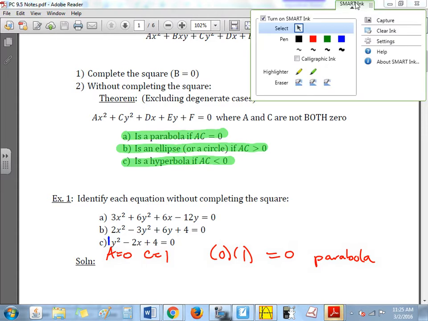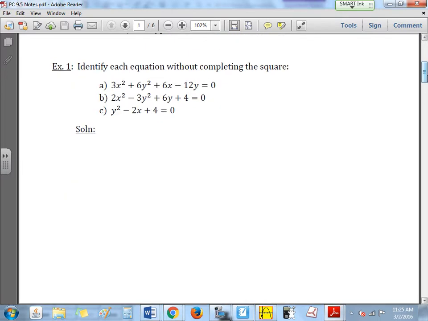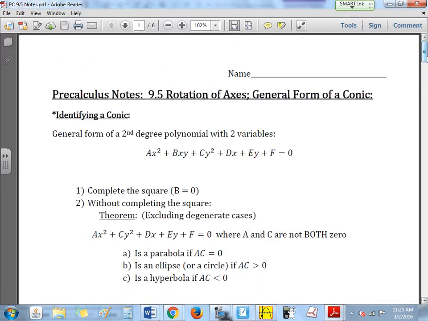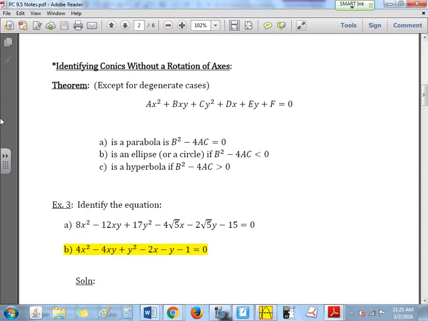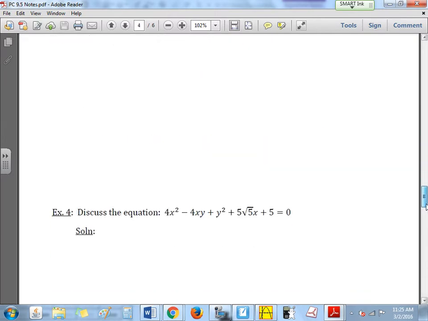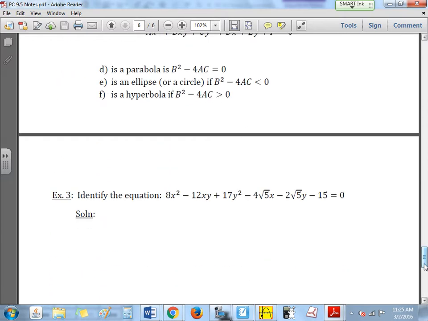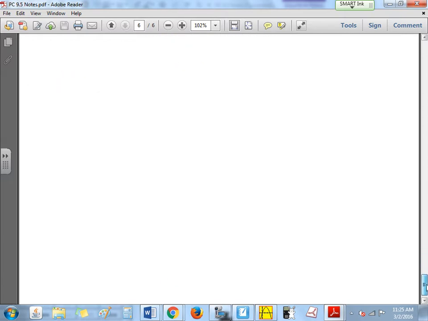Okay, now, I'd like you to flip to page 5 in your notes. Scroll down. It's the last thing in your notes.